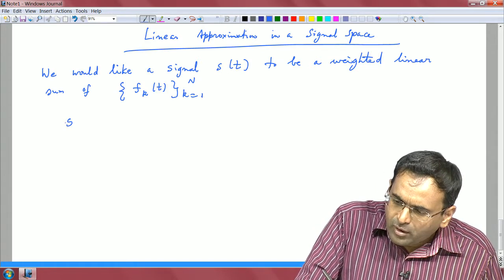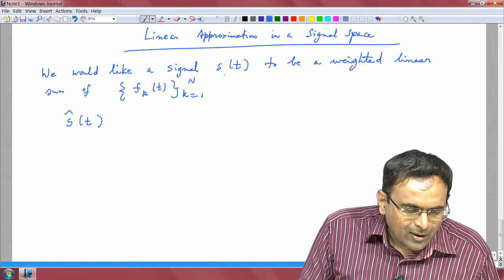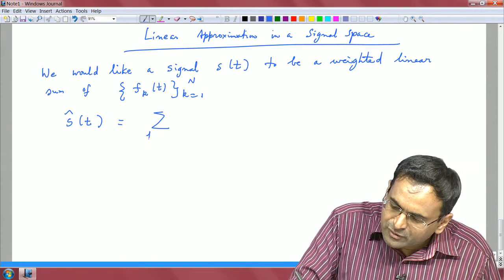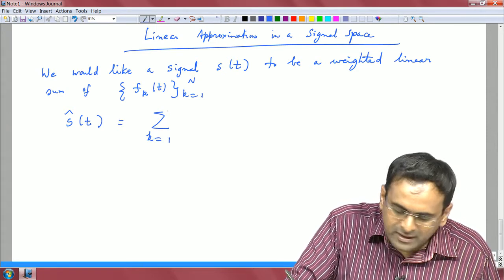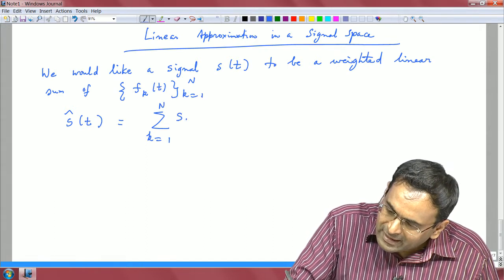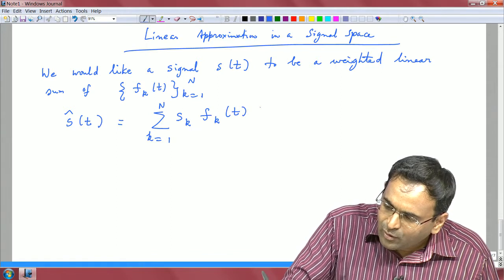That is, we want an approximation to S of t which is in this form. S hat of t is summation k equals 1 to n Sk Fk of t.